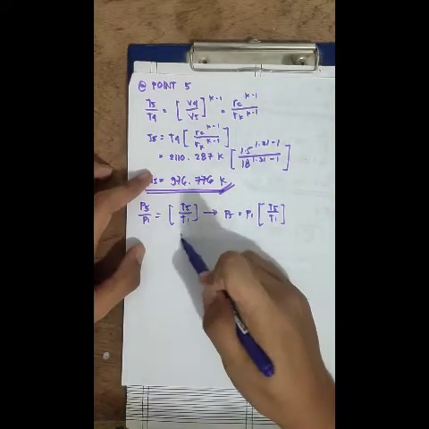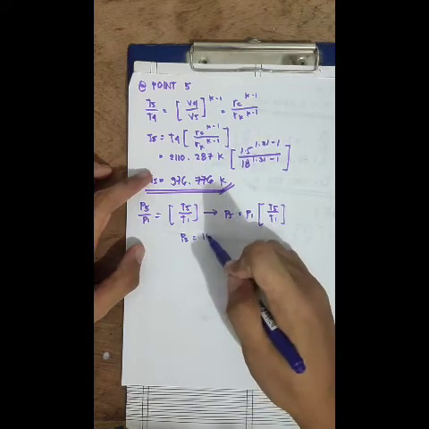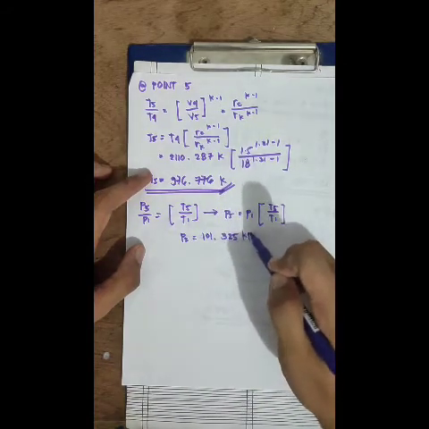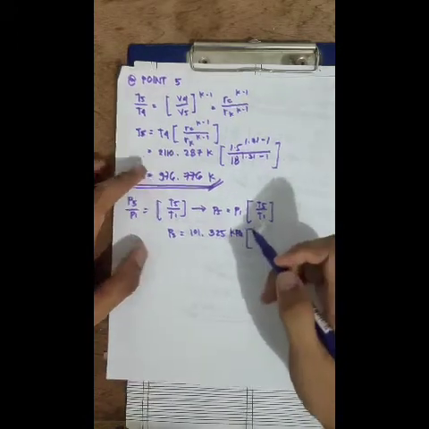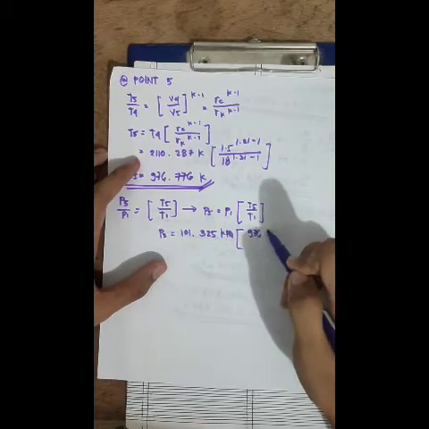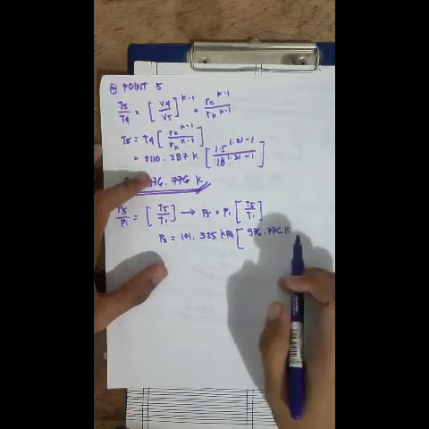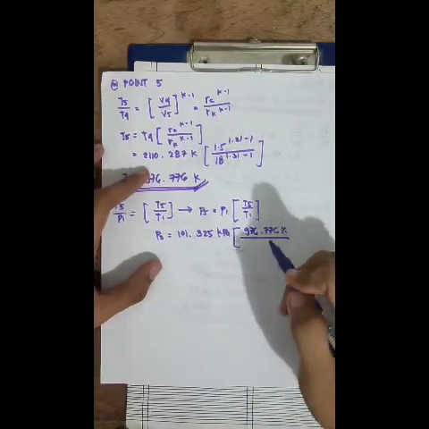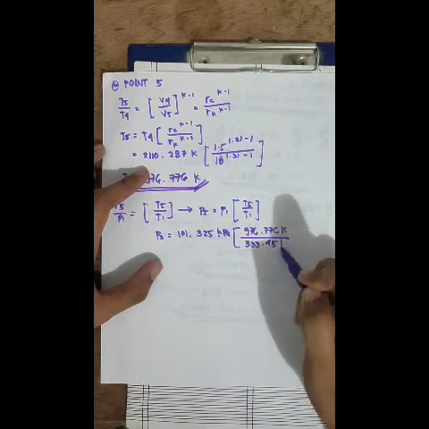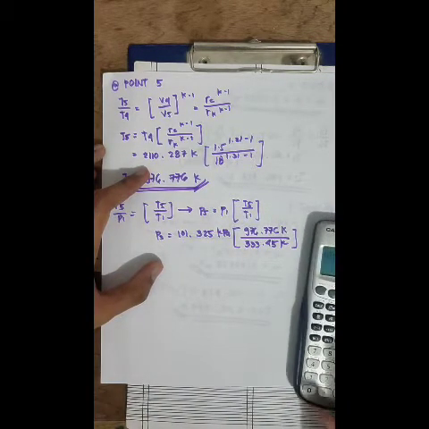Let's substitute all the data here: 101.325 kilopascal times T5, which is 976.776 Kelvin, over temperature 1, which is 333.45 Kelvin.